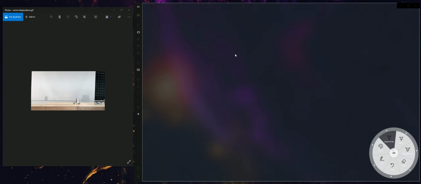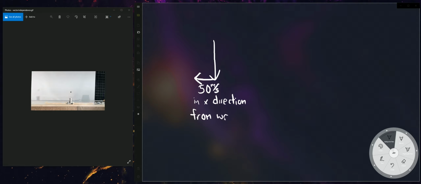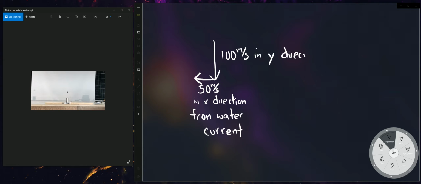But let's say instead of both of these vectors acting in the vertical direction, that's my boat velocity, and the velocity of the current is this way. So there's 50 meters per second in the x direction from the water current, and 100 meters per second in the y direction, which is the boat's velocity.